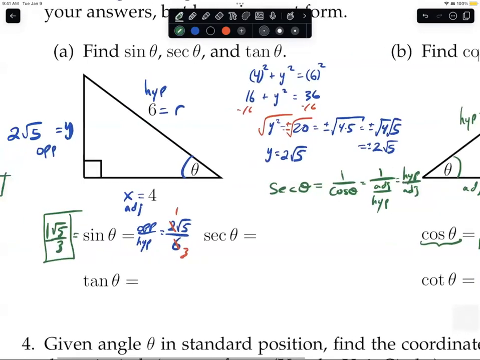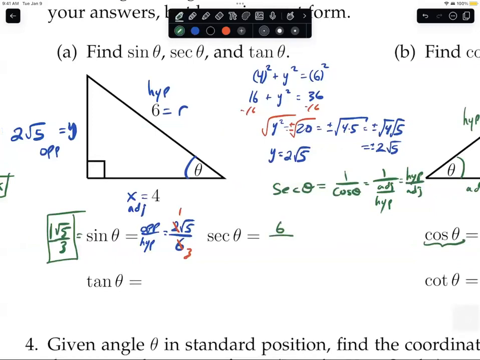If we look at the triangle, hypotenuse is 6, adjacent is 4, and reducing by 2, we get 3 over 2. Finally, tangent is TOA, opposite over adjacent, or y over x. So that's opposite over adjacent, and we can cancel out a factor of 2. What do we get? Isn't it square root of 5 divided by 2?